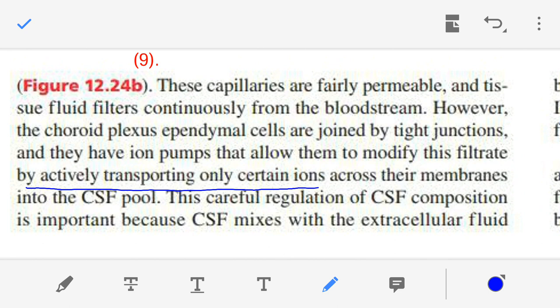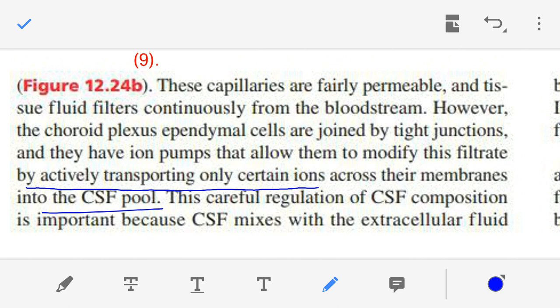So now these ions from blood enter into the cavity of the ventricle, and we know these ions are part of the CSF pool. So this is how the ions are entering the CSF.